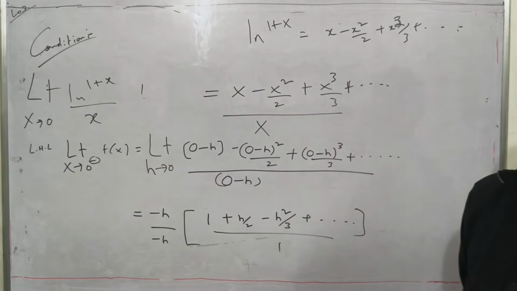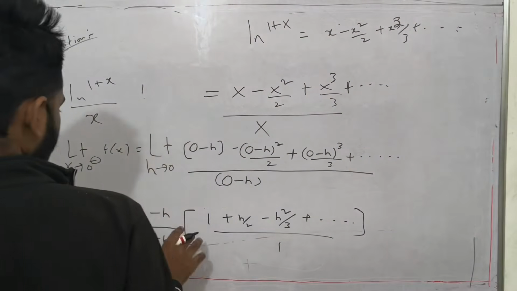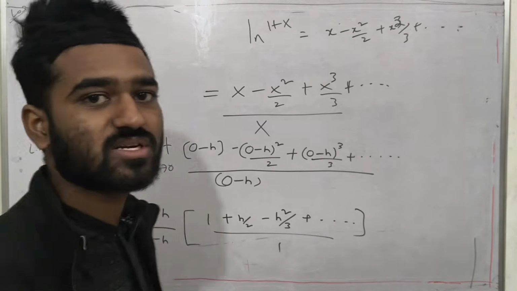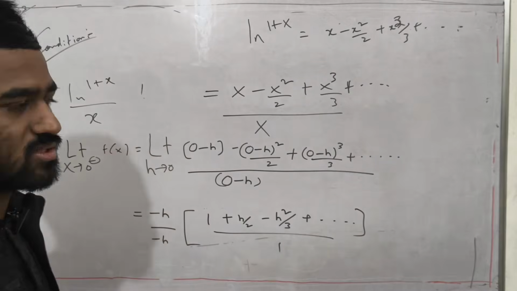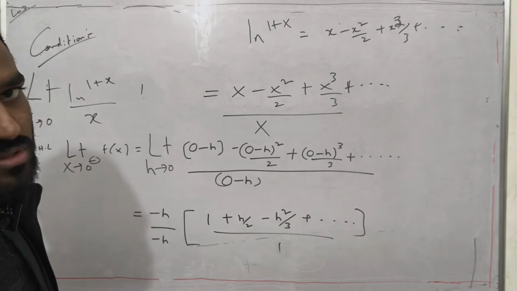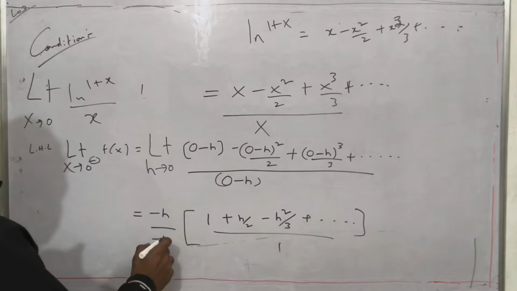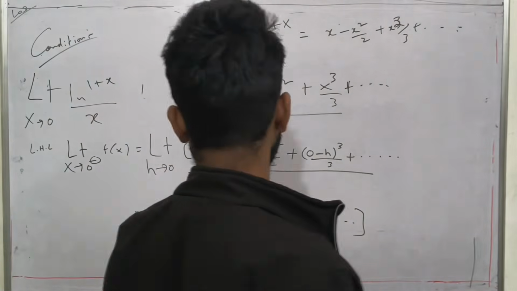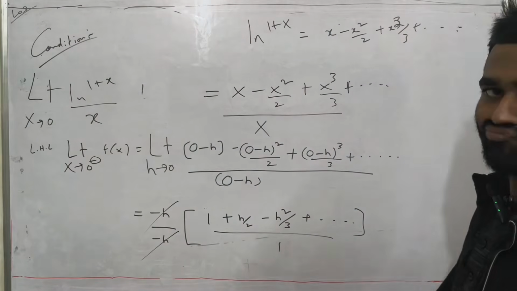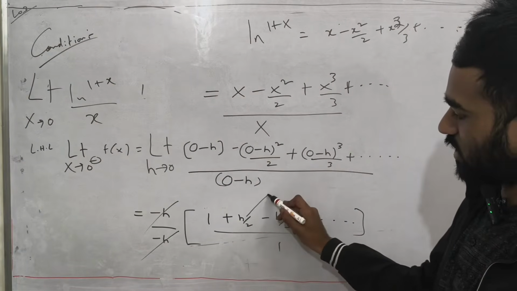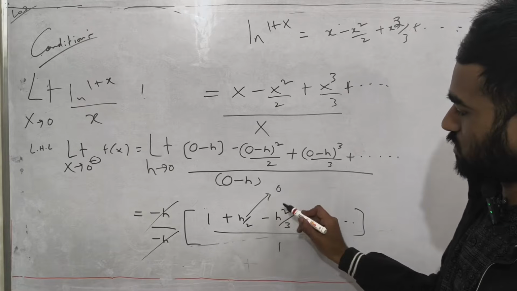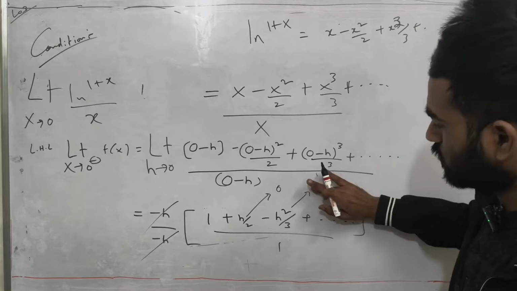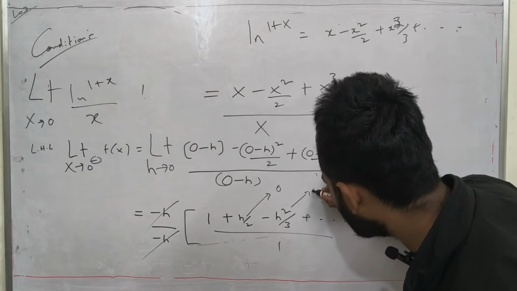Now since h is not exactly 0 but tending to 0, I already said in the first class, since h is not exactly 0 and tending to 0, we can cancel these both. Now the limit: this value is 0 and this value is 0, and all values which have a power of h will be 0.